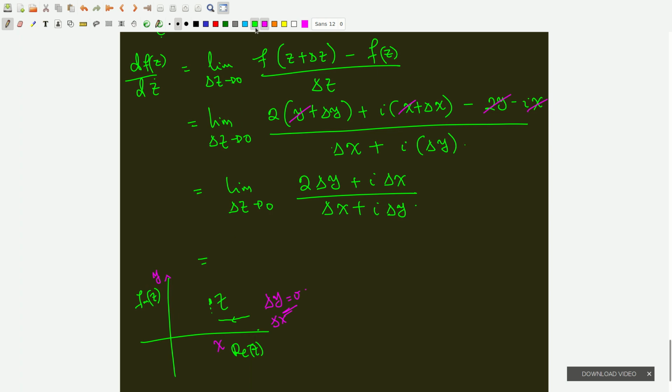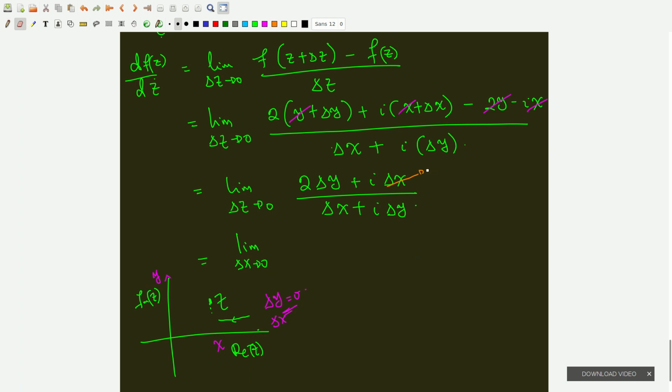So in that case, we write the limit as delta x approaches 0, since we are moving along a direction which is parallel to the x-axis, or the real axis.